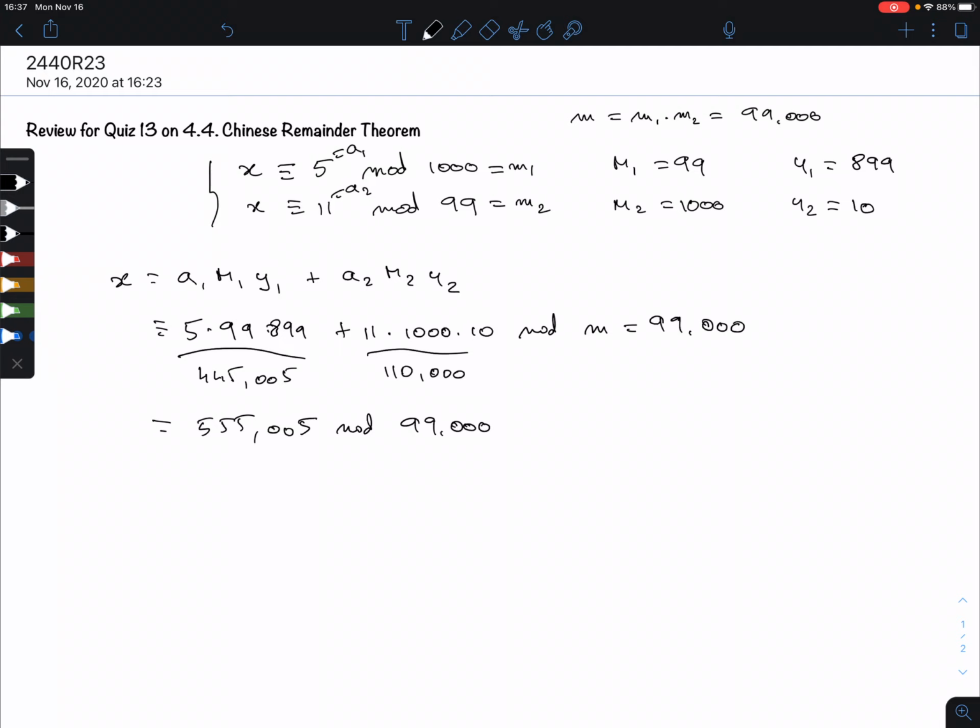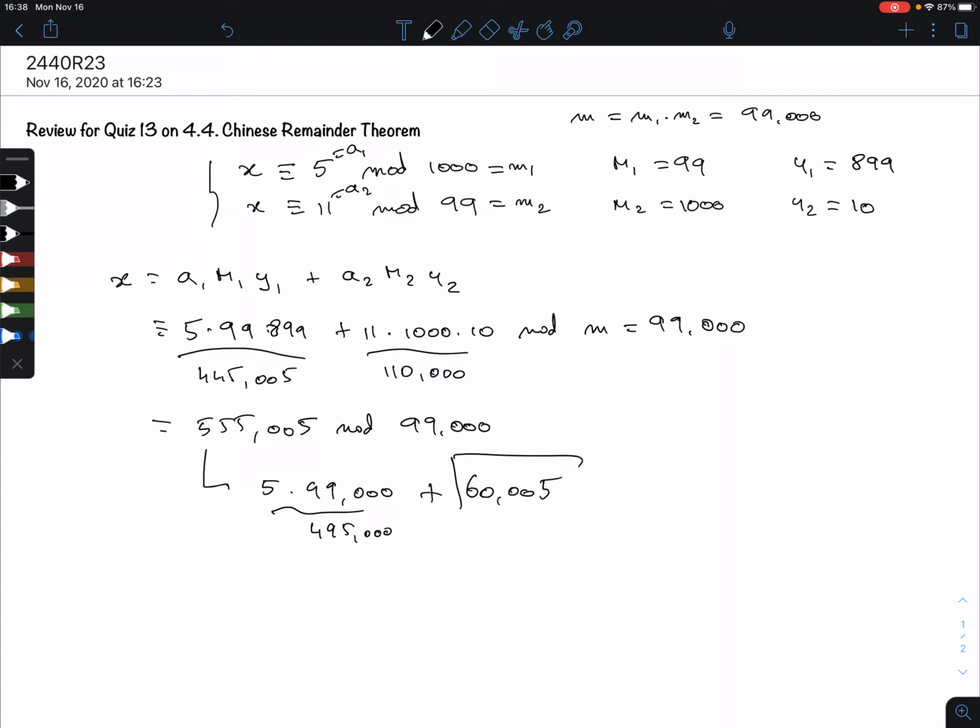555,005 divided by 99,000. That is 5. So we can write this here as 5 times 99,000. So what is that? 99,000 times 5, that is 495,000. So what remains is 555,005 minus 495,000, and that is 60,005.